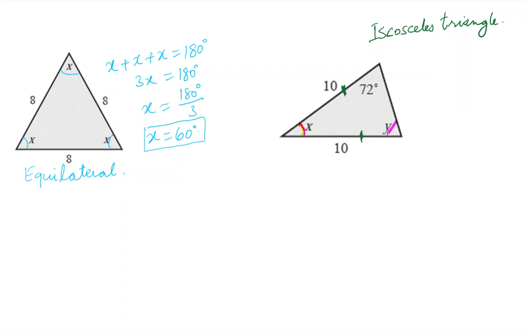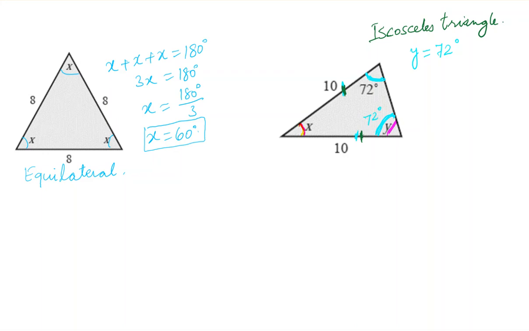So what angle are we talking about? Let me just mark it with a new color. This is the angle which is opposite to this side, and similarly, this is the angle which is opposite to this side. So these angles must be equal. It means y is equal to 72 degrees. And now we know that this angle is also 72 degrees.